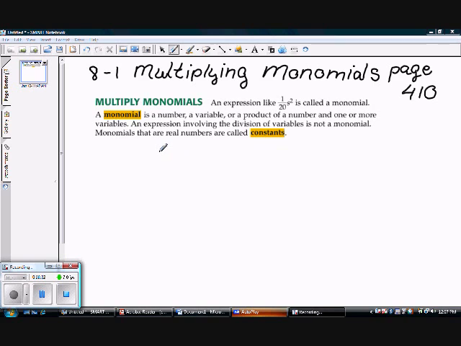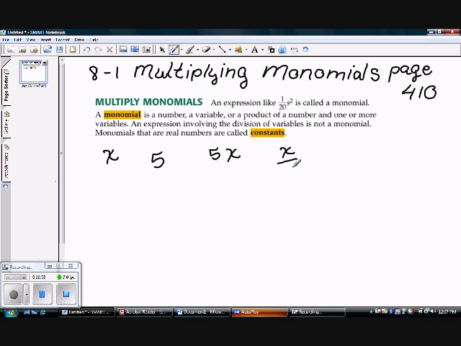Monomials that are real numbers are called constants. So let's go through and let's make a monomial. Okay? Here is a monomial. It's a variable. Here is a monomial. It's a number. 5x would be a monomial because it's a product of a number and a variable.